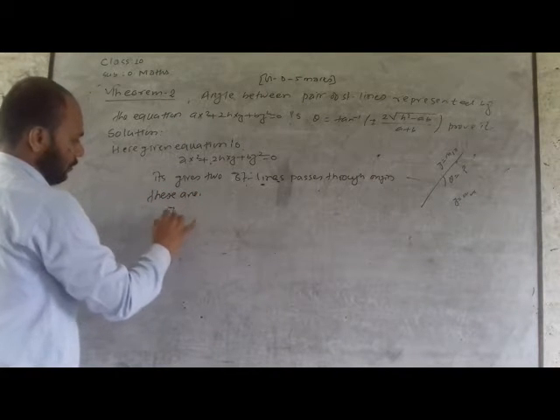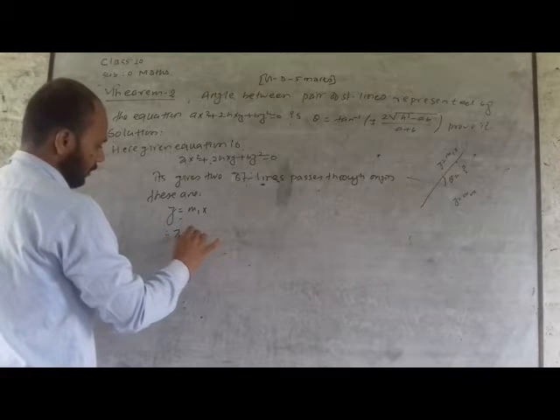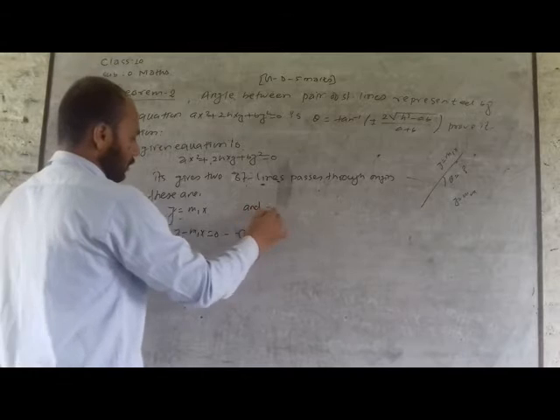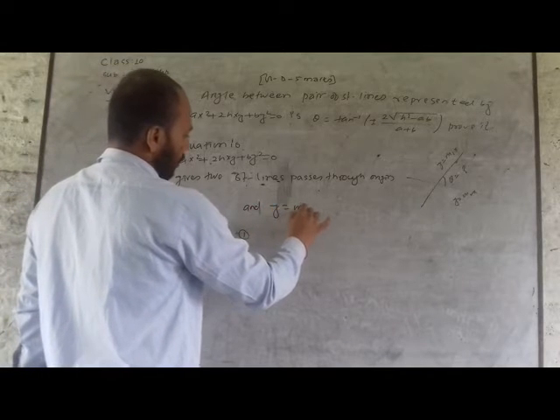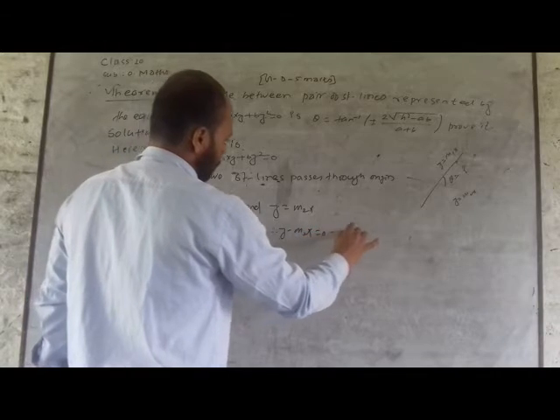These are y is equal to m1x, therefore y minus m1x is equal to 0, let it be 1. And the other is y is equal to m2x, therefore y minus m2x is equal to 0, let it be 2.